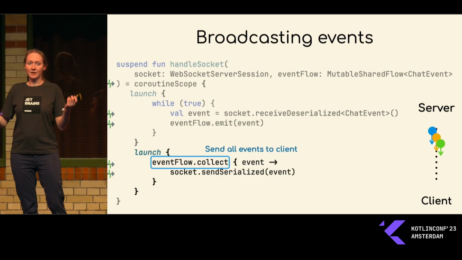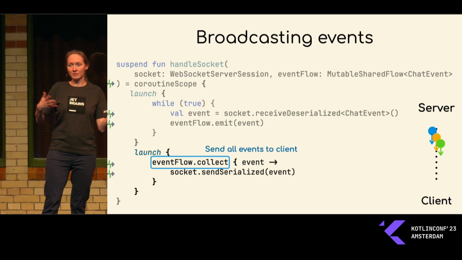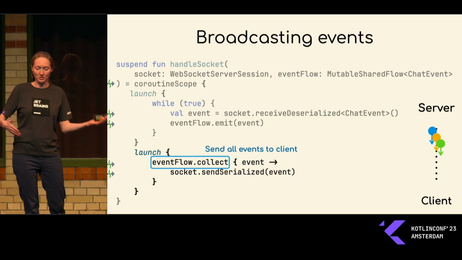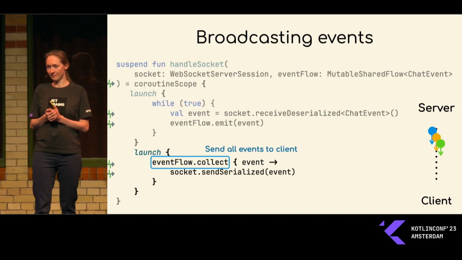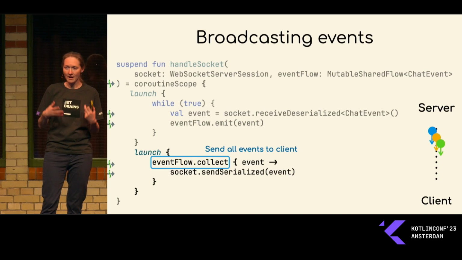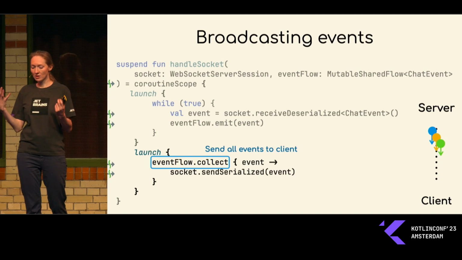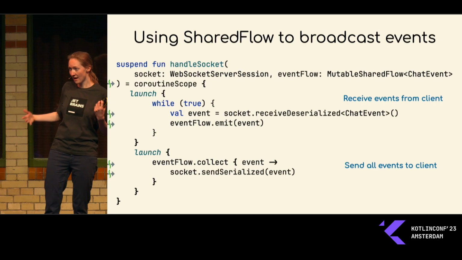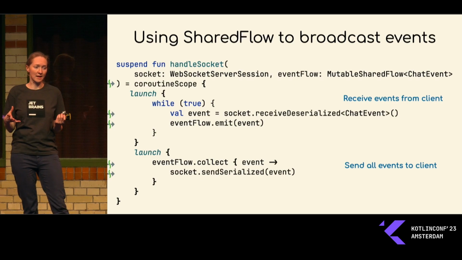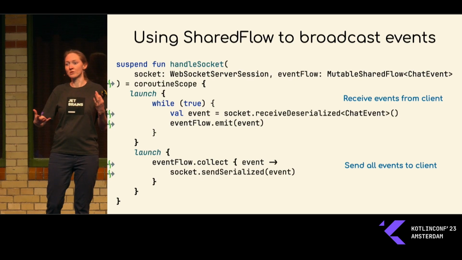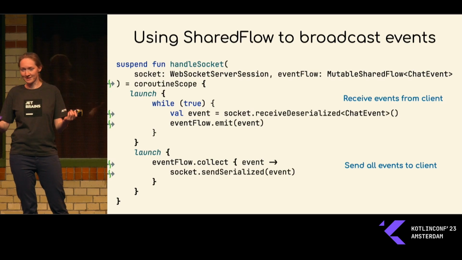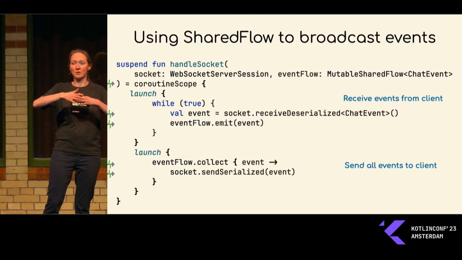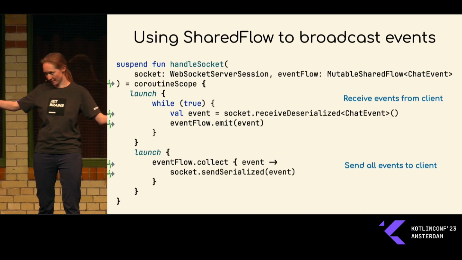And how do we do it? We say event flow collect all the events, and for each event, we send it to our client. That's it. This is a simple implementation using shared flow to broadcast events to clients. And from our perspective, this example demonstrates what shared flow is about, and the use case of receiving and broadcasting events to all the subscribers.